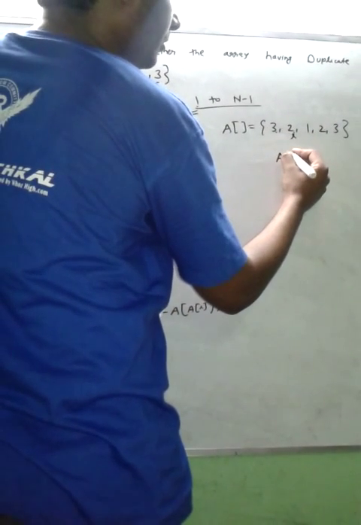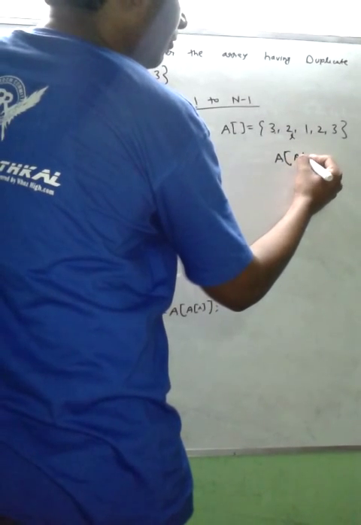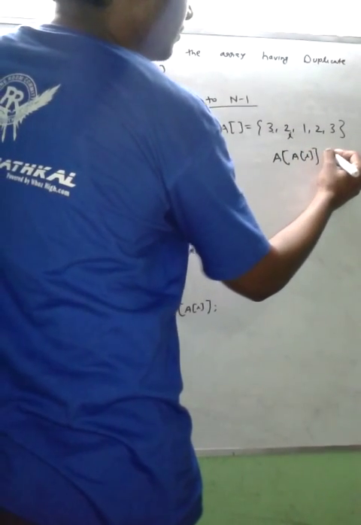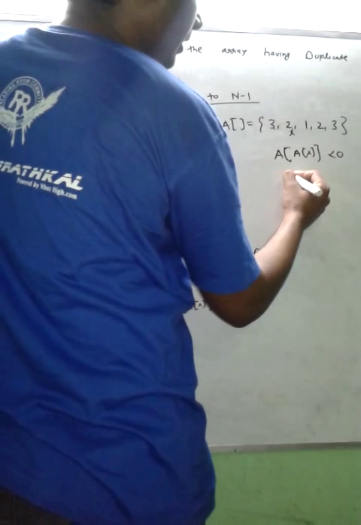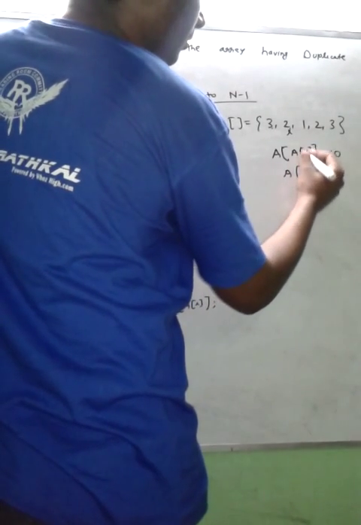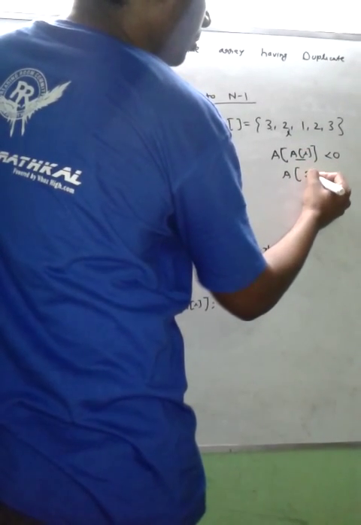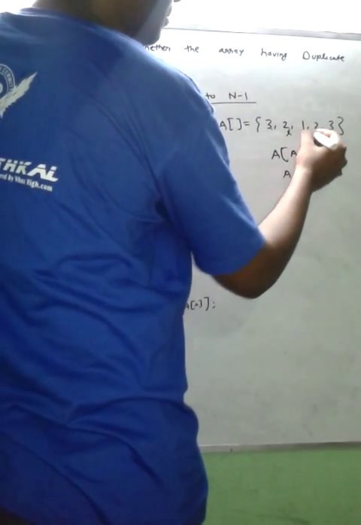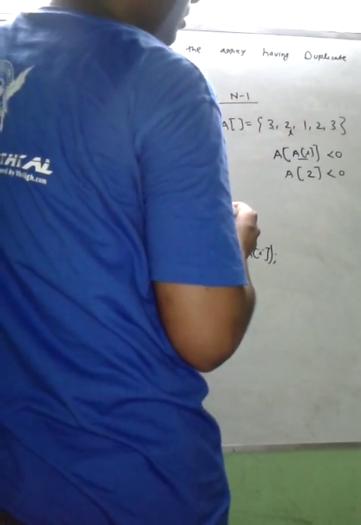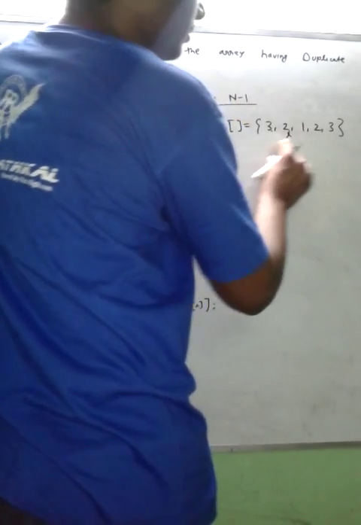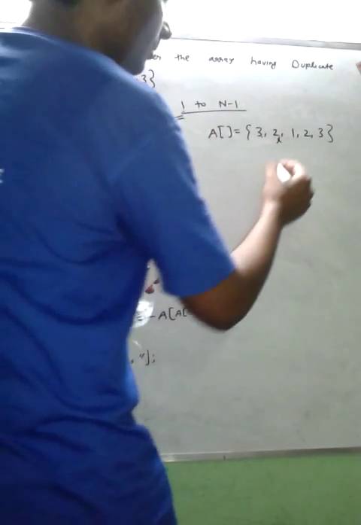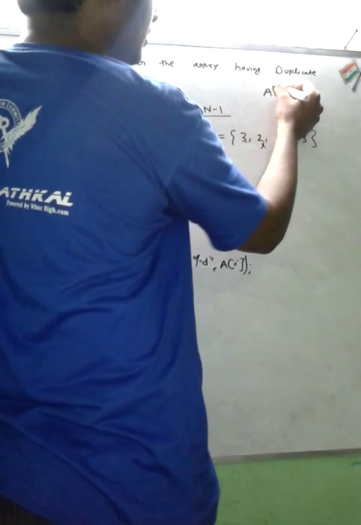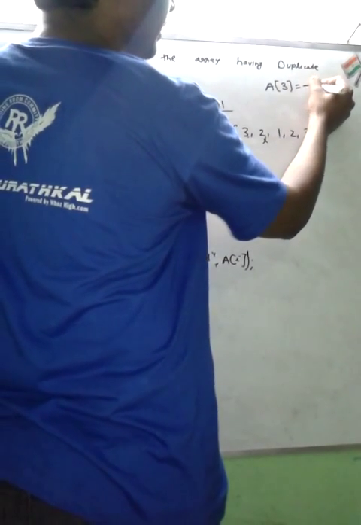Again we will check a[a[i]] less than 0. Let's see, a[i] means 2, a[2] less than 0, at the position of 2. Oh, we were wrong. At the position of a[3] there will be minus 2.